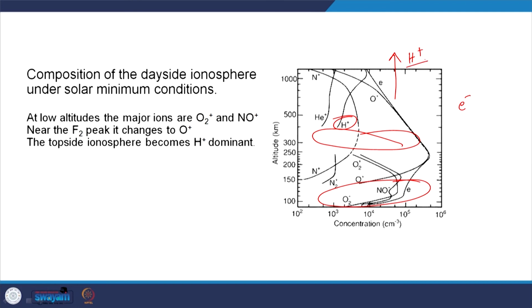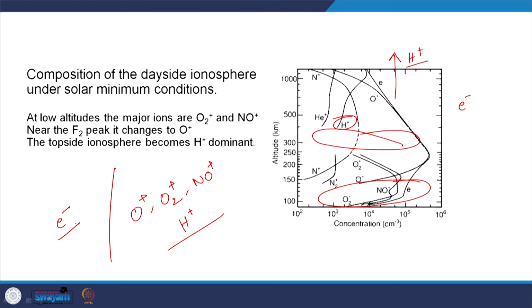What I wanted to say is that as you go vertically up from the ground, the negative charge species is always electrons, but the positive charge species could be O plus, O2 plus, NO plus and H plus. All of these combined will be equal in number to the electron density.